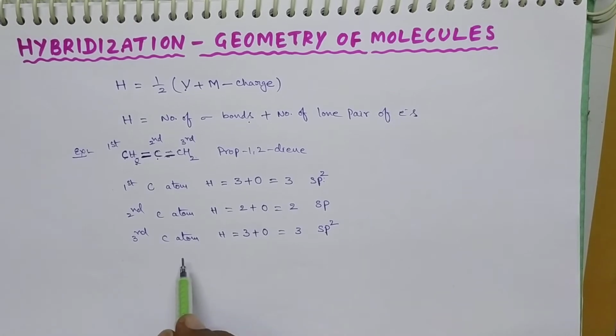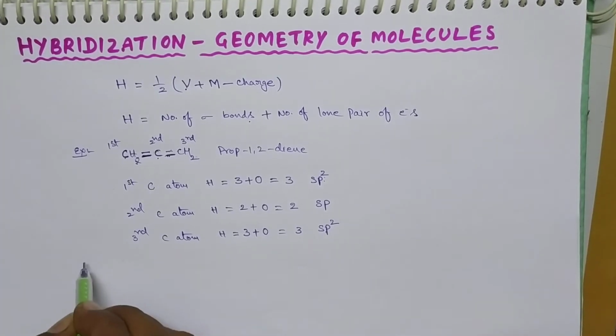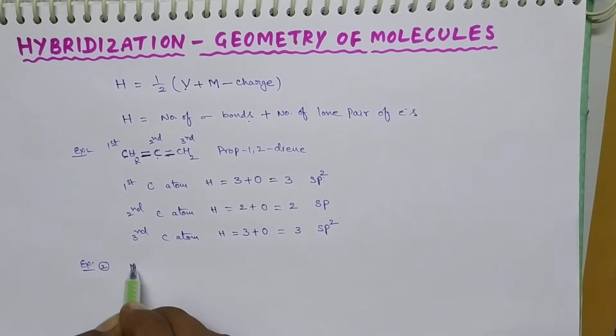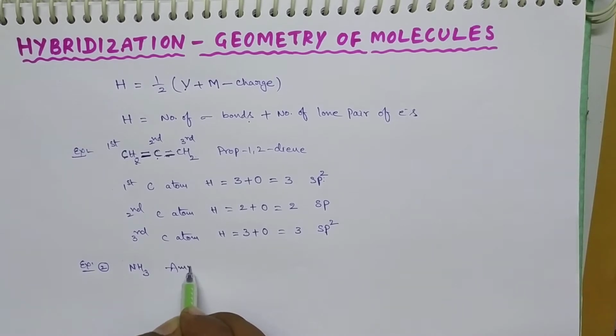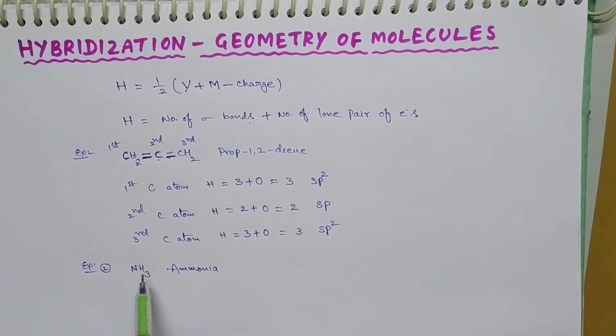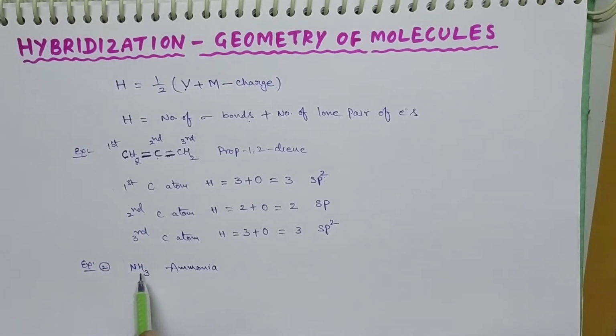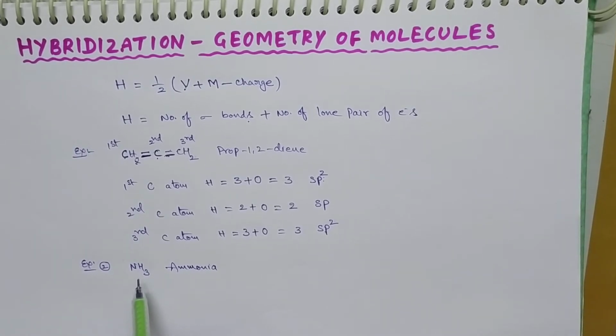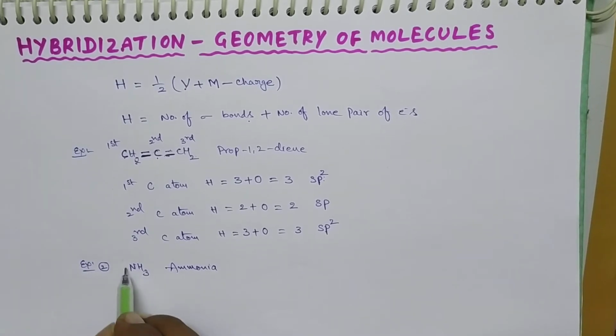Now let us take another example. NH3, which is ammonia. In ammonia nitrogen forms 3 sigma bonds with 3 hydrogen atoms. The valency of nitrogen is 5. So by using 5 electrons it forms 3 sigma bonds and 1 lone pair is present on the nitrogen atom.